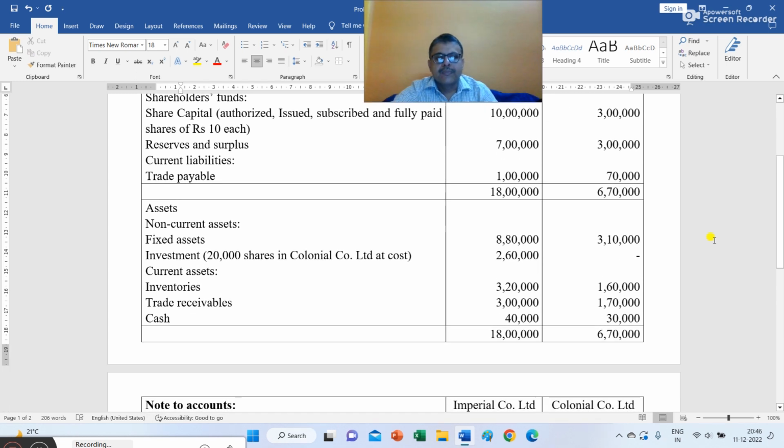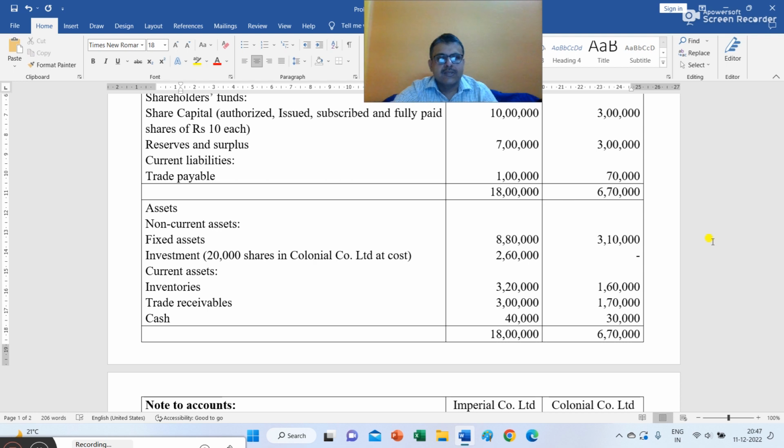Now on the asset side we have non-current assets. Fixed assets for Imperial Company Limited 8 lakh 80,000 and that of Colonial Company Limited 3 lakh 10,000. Investment made by Imperial Company Limited in Colonial Company Limited for 20,000 shares at cost is rupees 2 lakh 60,000.